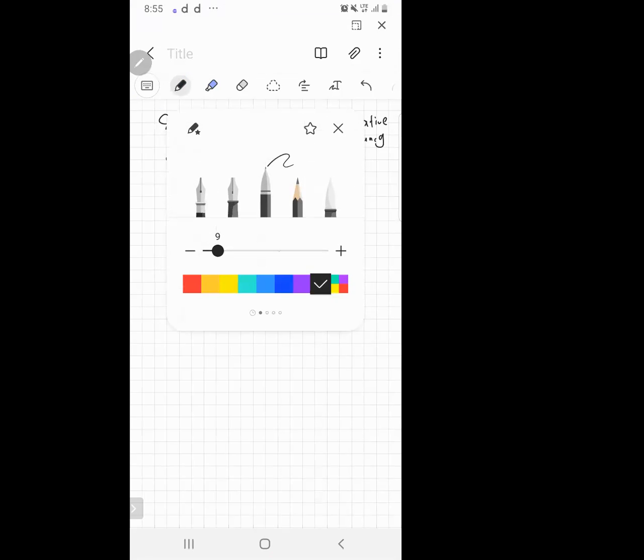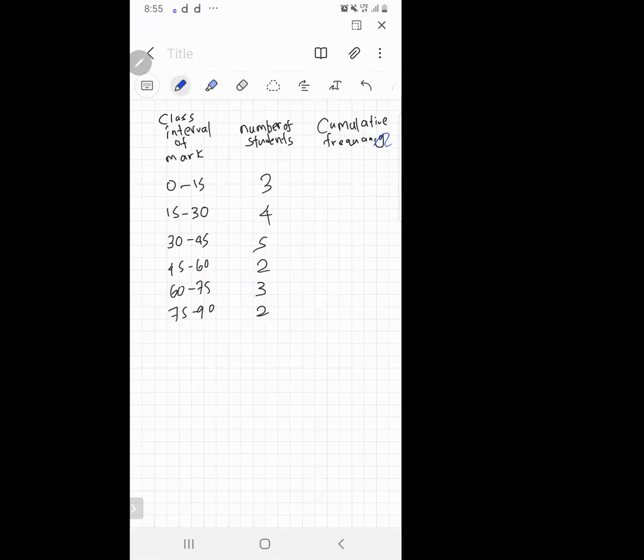So when you are going to draw cumulative frequency graph, you have to find cumulative frequency from this table. 3, 3 plus 4, 7, 7 plus 5, 12, 12 plus 2, 14, 14 plus 3, 17. Then 17 plus 2, 19.